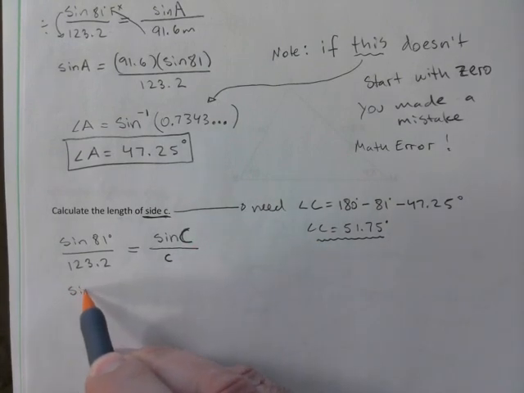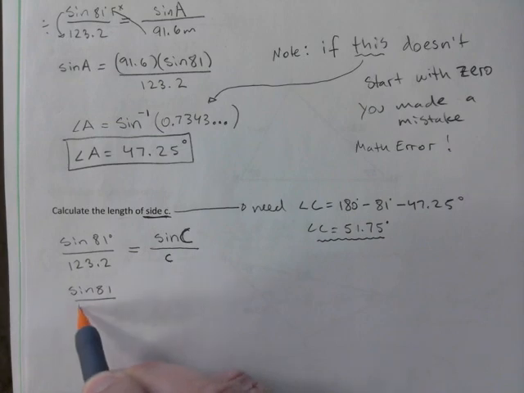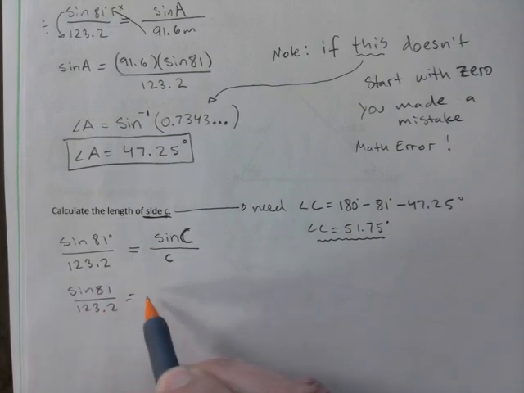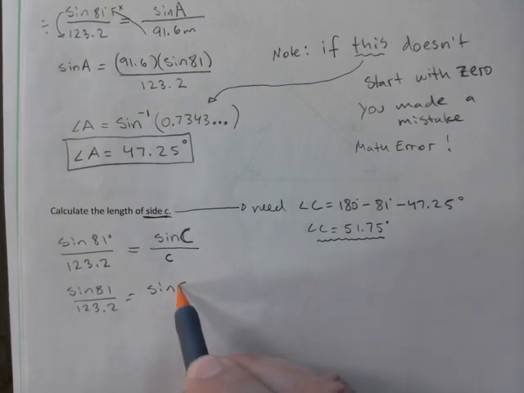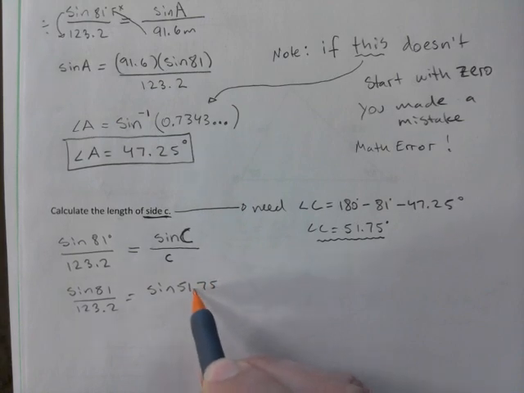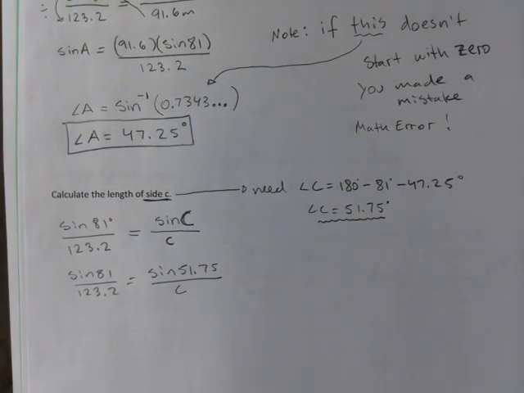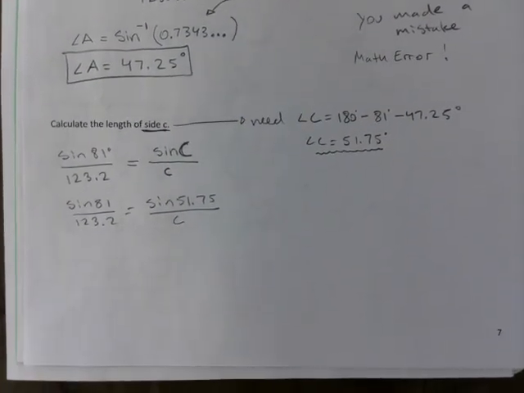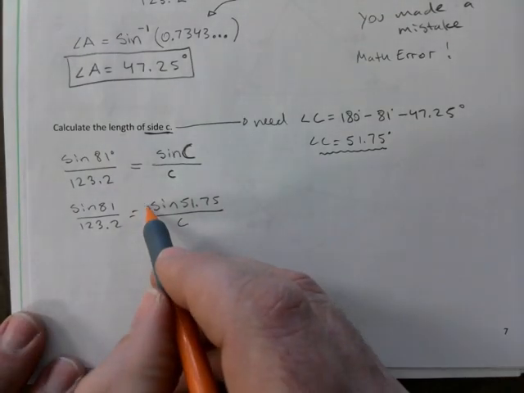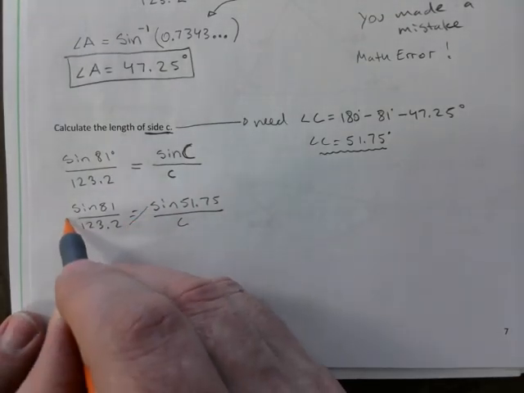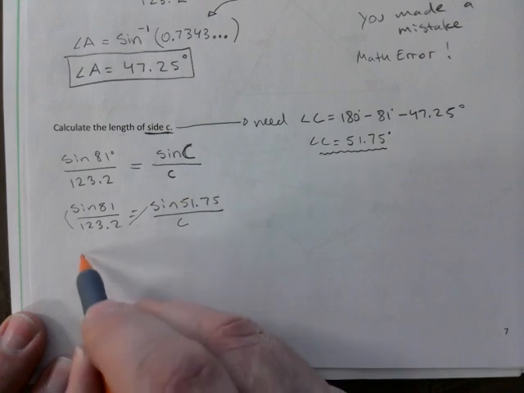So one more line. You know how to do this part for sure. You cross multiply this way and you divide by what is left.